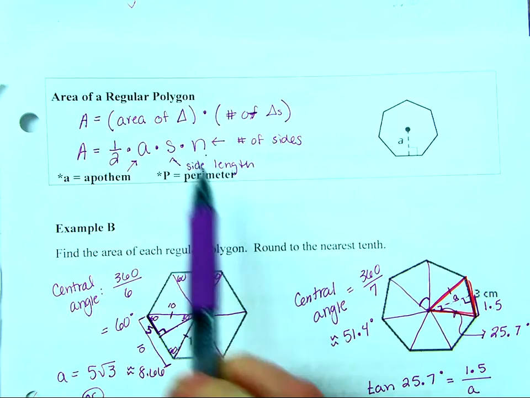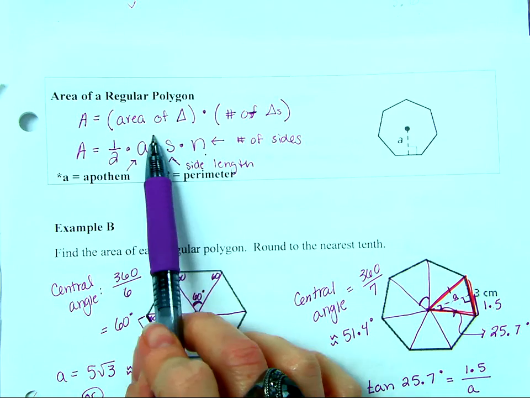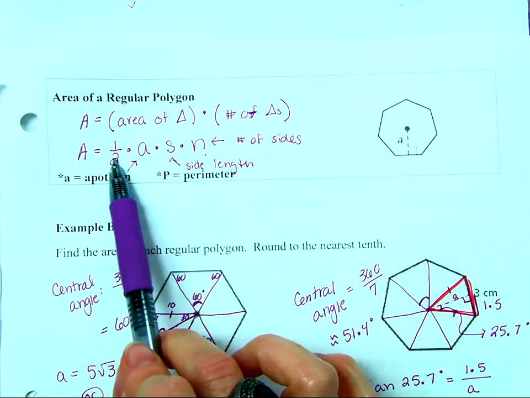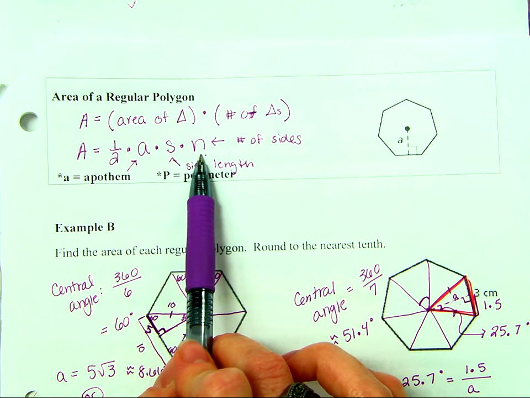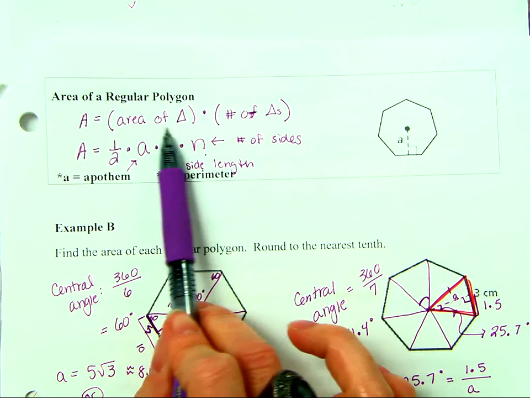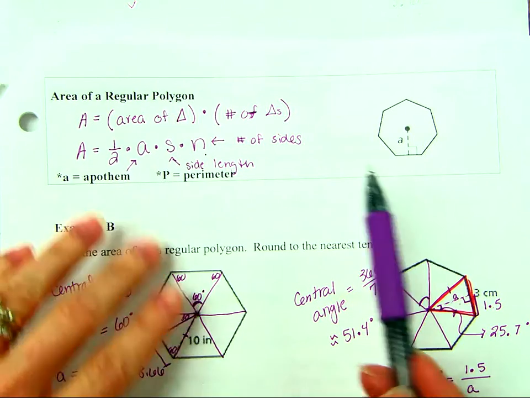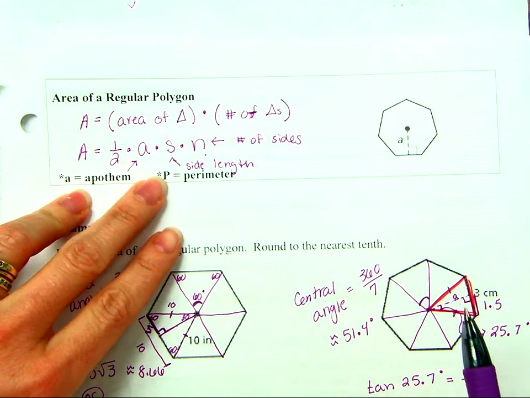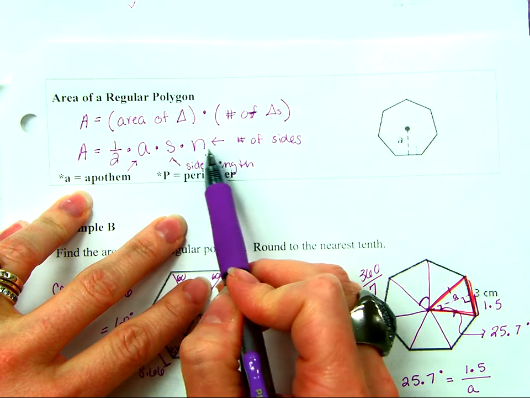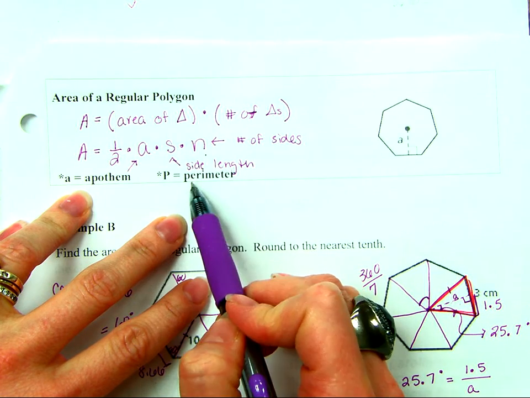Well, this really is finding the area of one of the triangles and multiplying by the number of triangles. And so I like to think about it in general as splitting it up in this way. If you think about the 1/2 times A S N, the side length times the number of sides is really the perimeter.